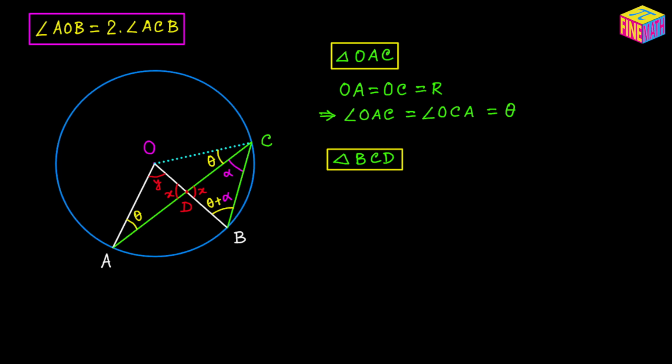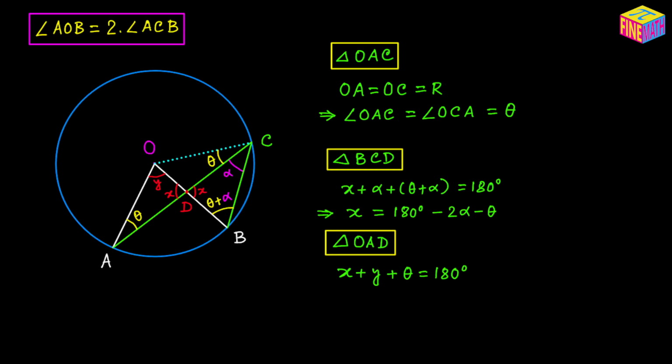Now let's look at the triangle BCD. The sum of the 3 interior angles there will be equal to 180 degrees. And from there, what would be the value of x? Well, x can be written as 180 degrees minus 2 times alpha minus theta. I simply kept x on the left hand side and brought everything to the right hand side. So x is equal to 180 degrees minus 2 times alpha minus theta.